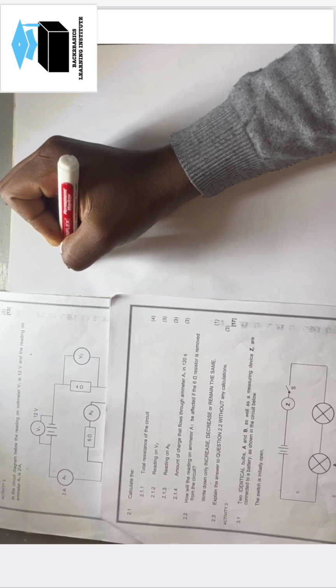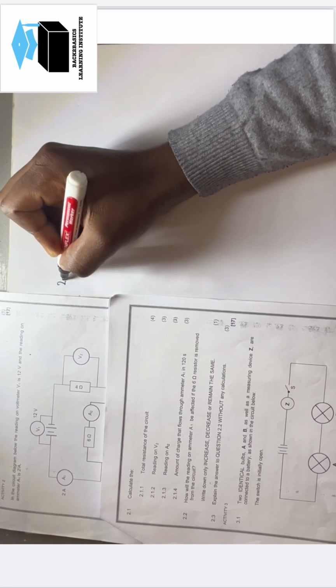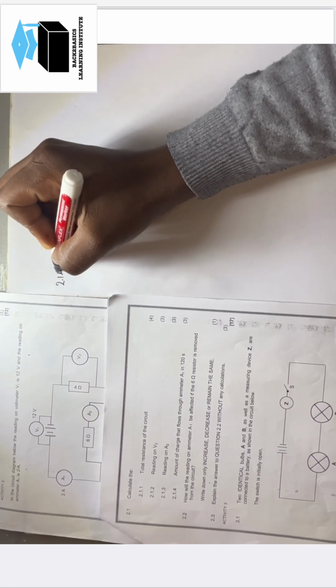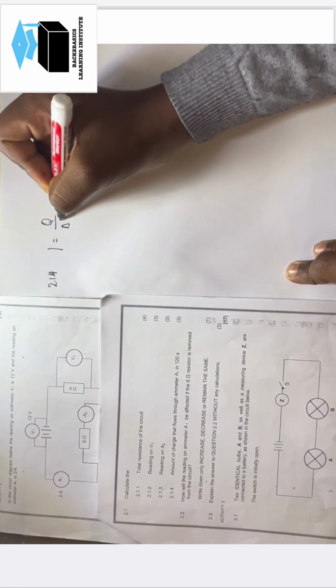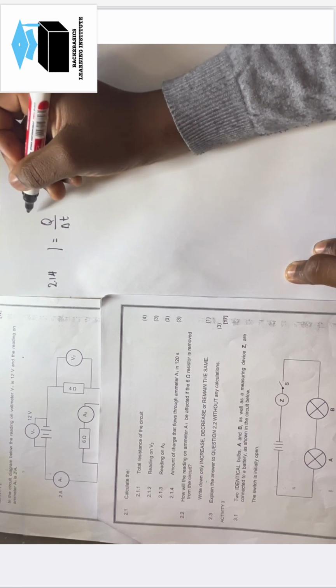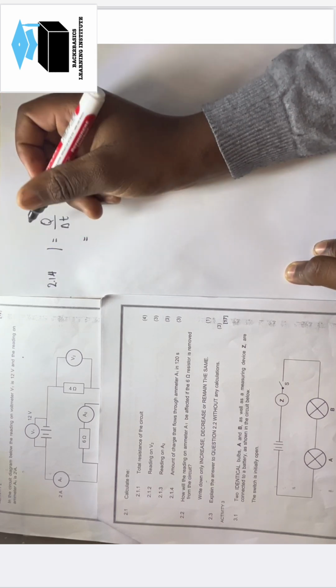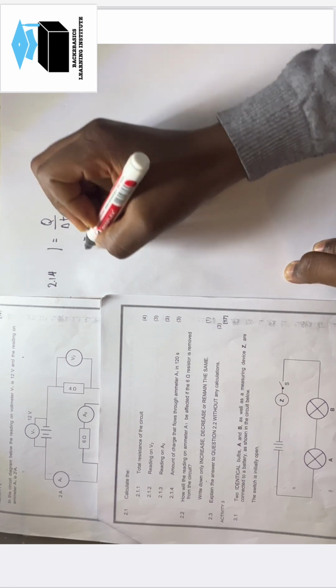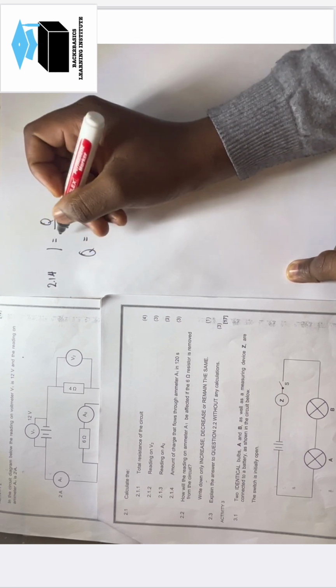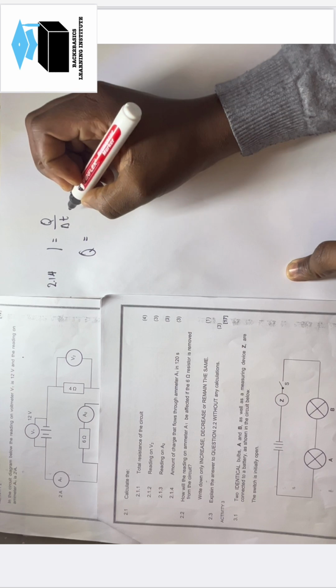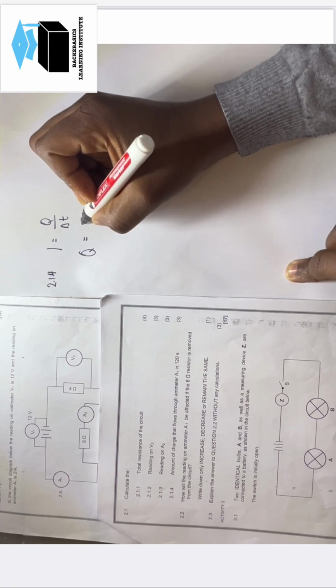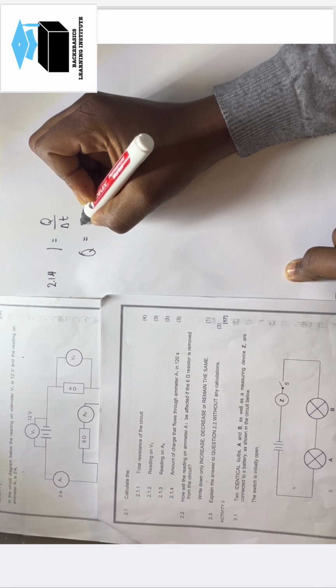So which means I is equal to Q over change in time. In this case, you are looking for your Q. If you make Q, the charge, the subject of the formula, you are going to have the reading on A1.